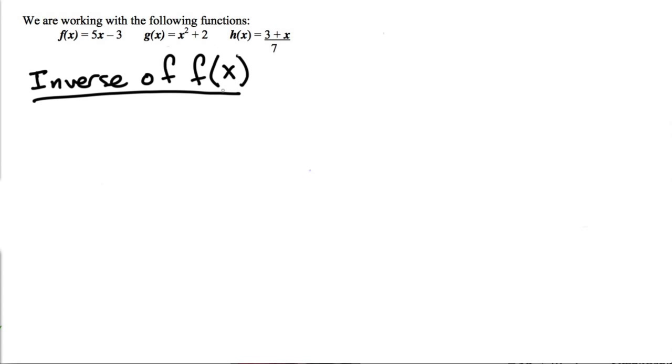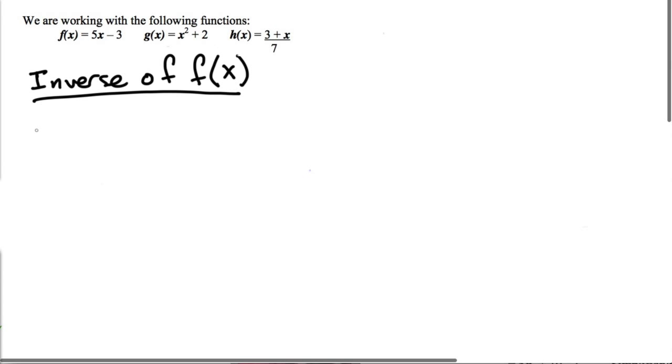And now for the last problem, what we want to do is find inverses of the two functions, f of x and h of x. So let's do the inverse of f of x. We're going to do this in several steps.